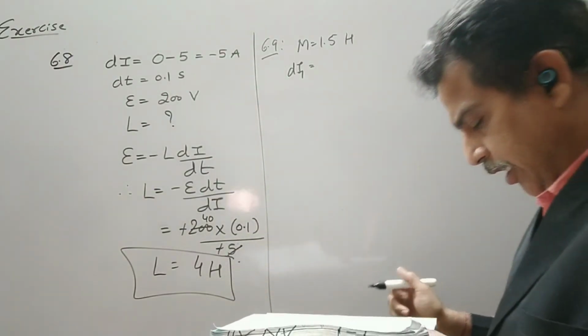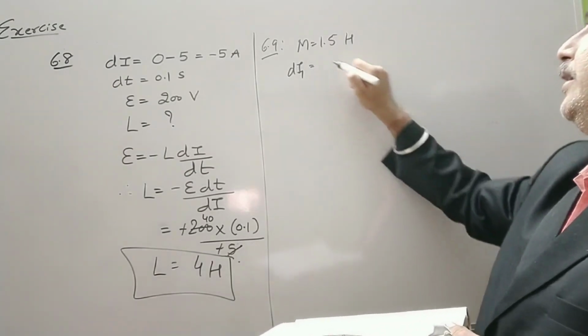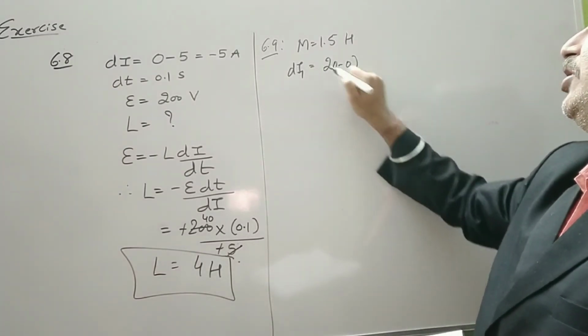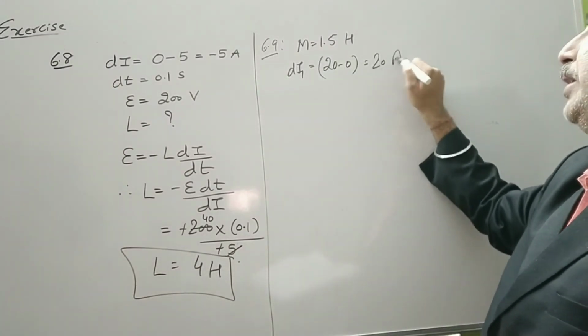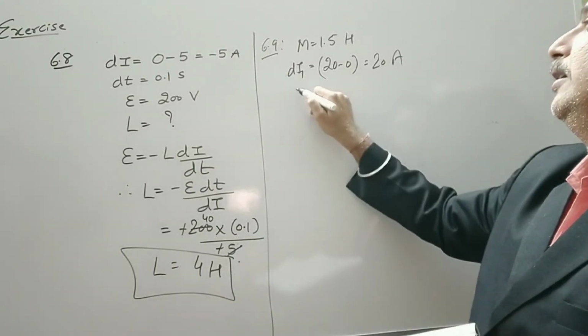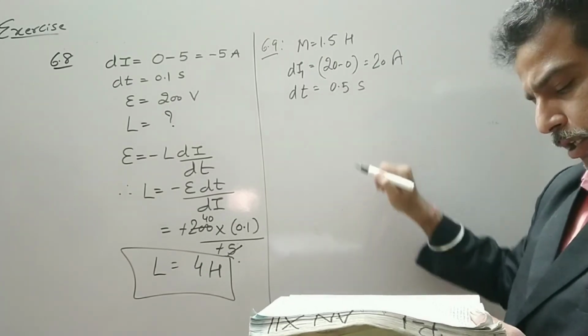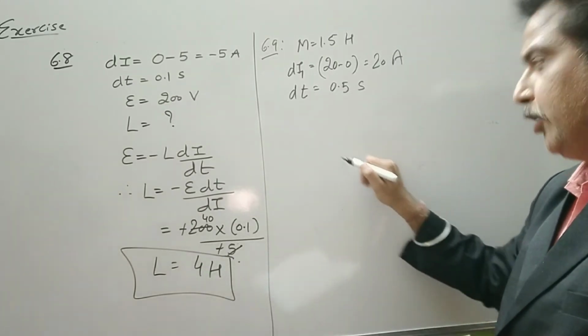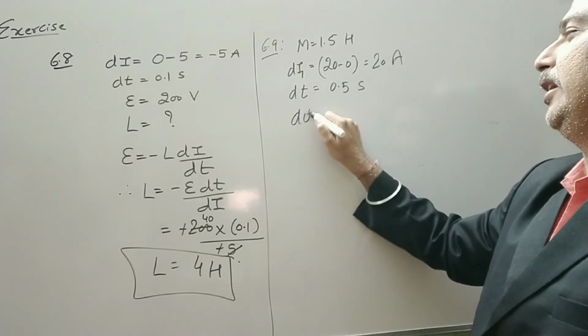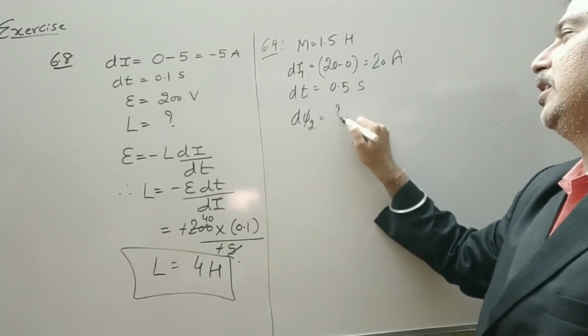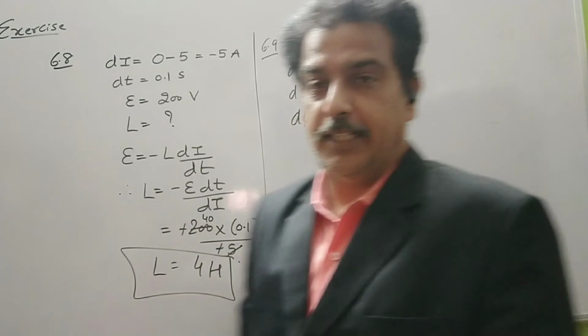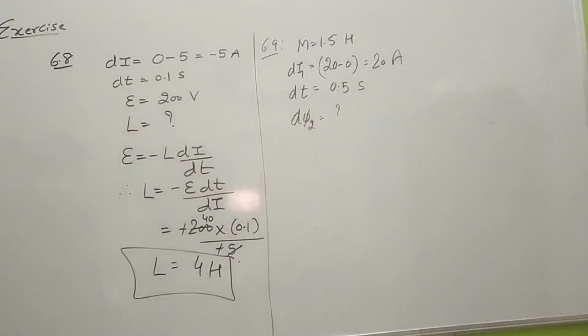Now this change in the current is from 0 to 20 ampere. So final minus initial, that is equal to 20 ampere. So current is increasing and the time interval is equal to 0.5 second. What is the change in the flux linkage with the other coil? So we have to find out the flux linkage with the other coil, that is d phi 2. So EMF will be induced in coil 2 if we assume that current changes in coil 1.